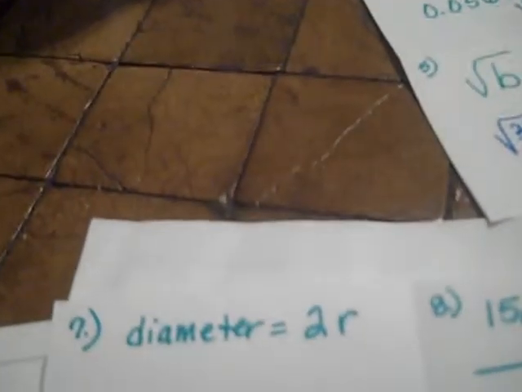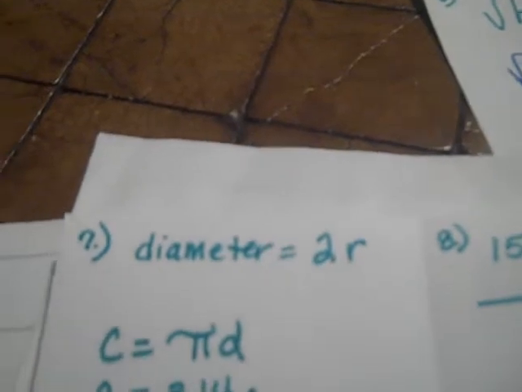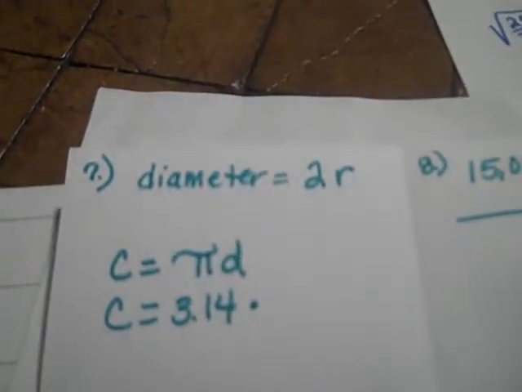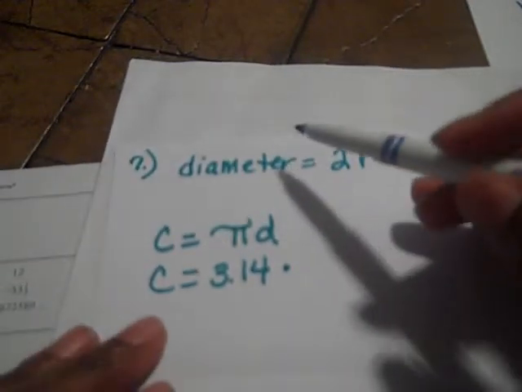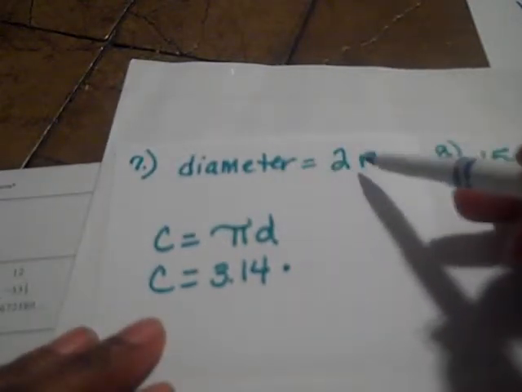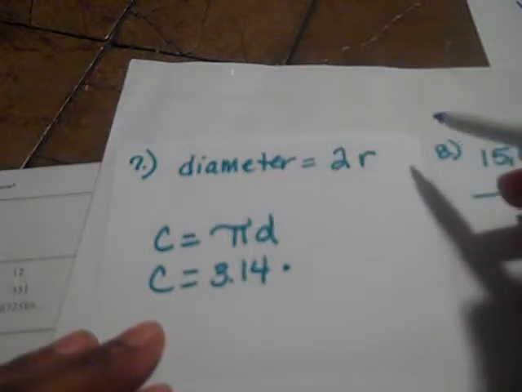In question number 7, we are looking for the circumference of a circle that has a radius of 55 centimeters. Well, I need to find the diameter because I have the radius. The diameter is 2 times the radius.